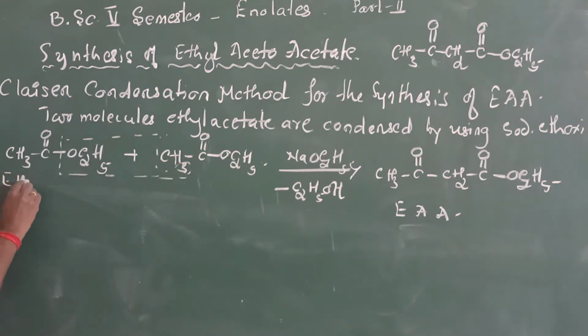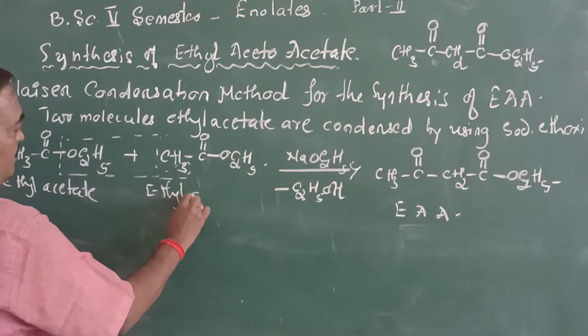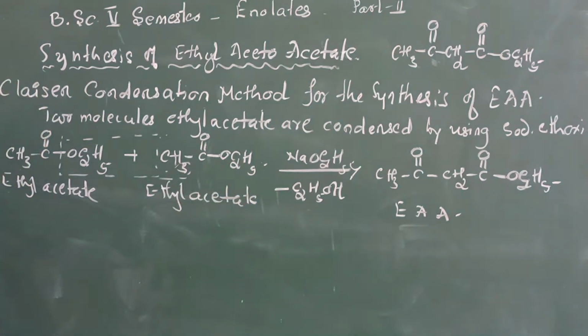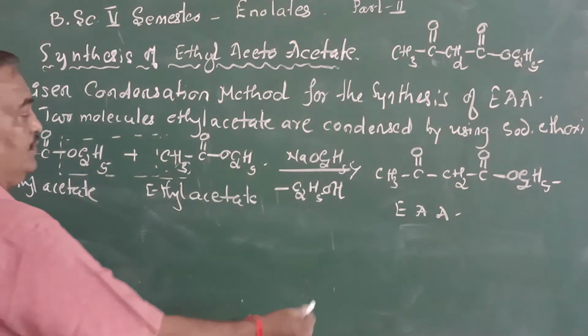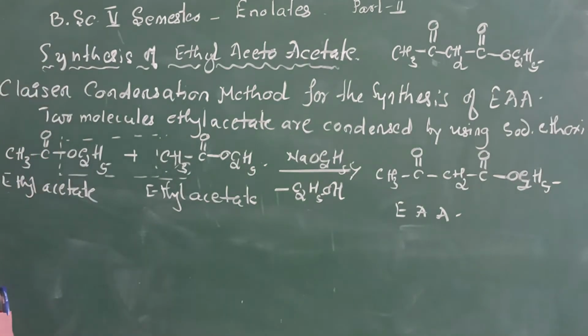They are allowed to condense in the presence of sodium ethoxide, leading to the formation of CH3COCH2COOC2H5, EAA. This method is known as Claisen condensation.